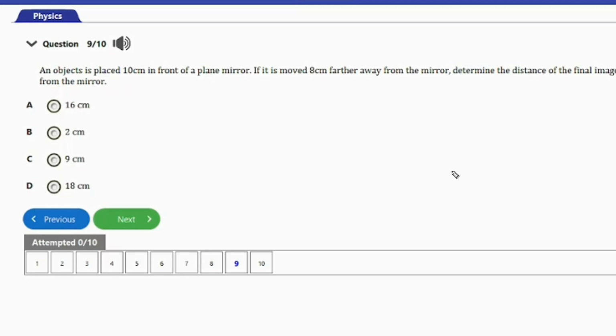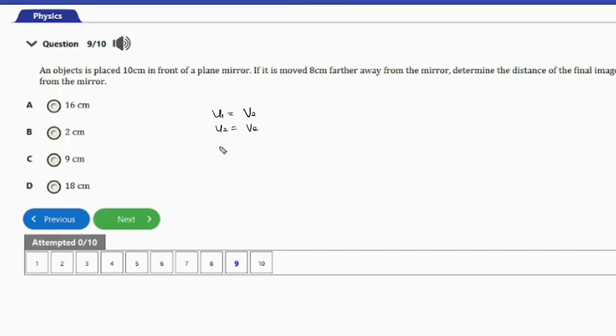So guys, since this object is placed in front of a plane mirror, that magnification is equal to 1, and in this case that means the distance of the object is also equal to the distance of the image. So in that case, u1 will be equal to v1, and then u2 will be equal to v2.